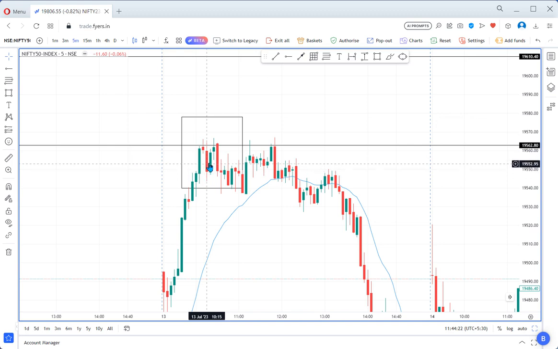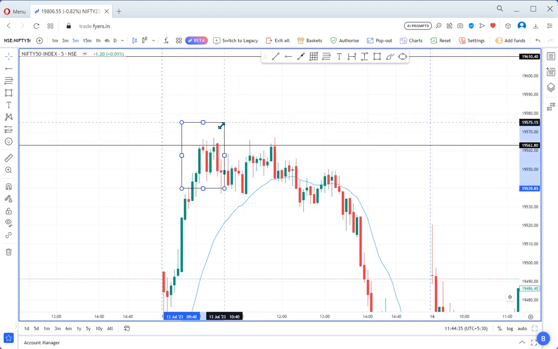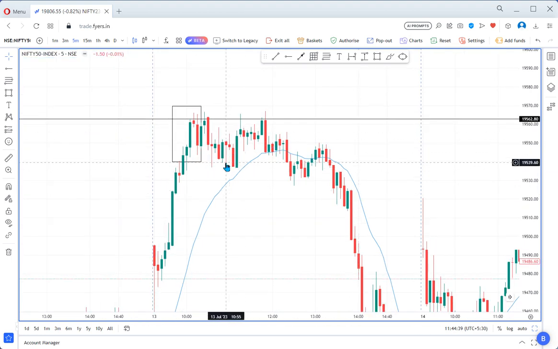If you look closely, you observe that it is not closing below this bull bar. This is one point to be noted, because I have seen it repeatedly: if we are not closing below the prior low in the second bar, then it is a signal to go long here.